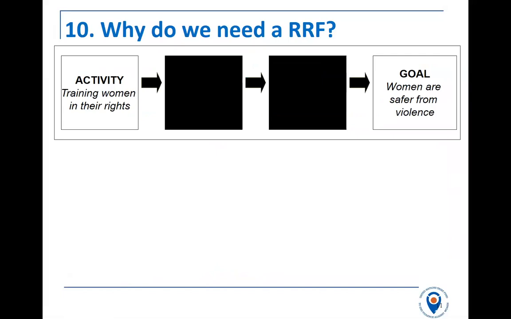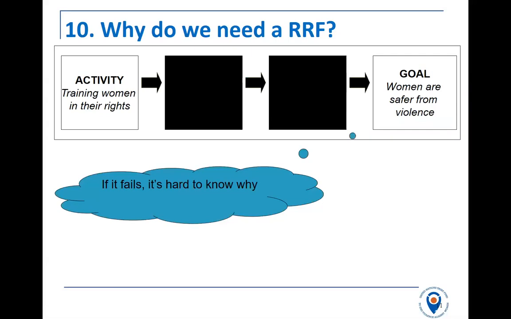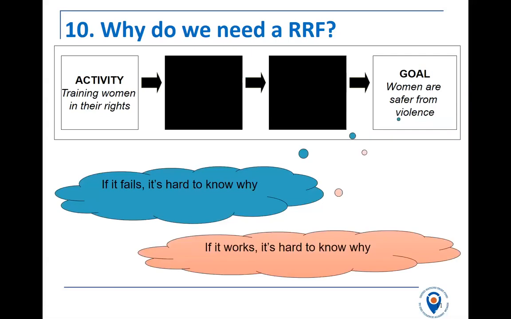Are you sure? There could have been other factors. So if it fails, you won't know why. And if it works, it's hard to know why if you have that gap in your plan. So we use the results framework to fill in these steps so that we can all learn together what's worked and what hasn't and why.